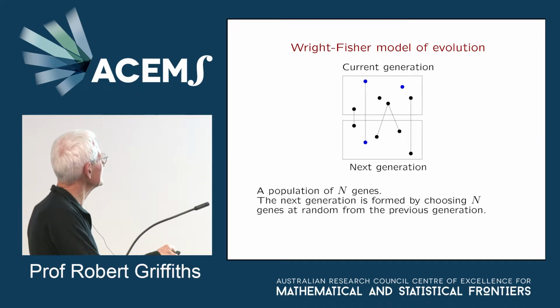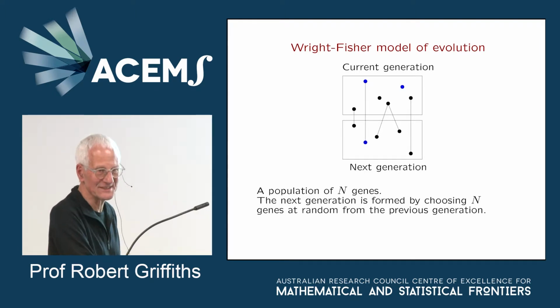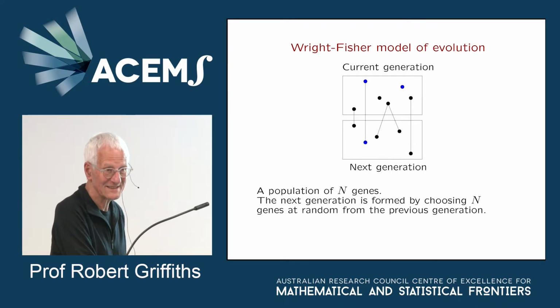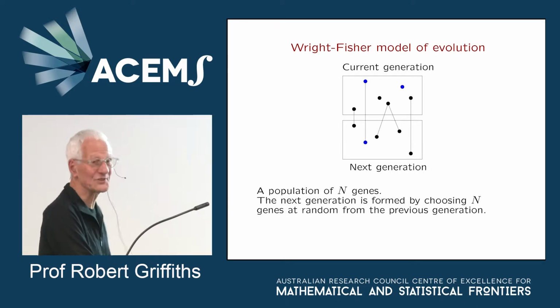And so some individuals here have no offspring, or you don't choose them as parents. So in a sense, these are going to be lost as you go further down in time. And eventually, if you kept iterating this kind of procedure, you'd be either all black genes or all blue genes.